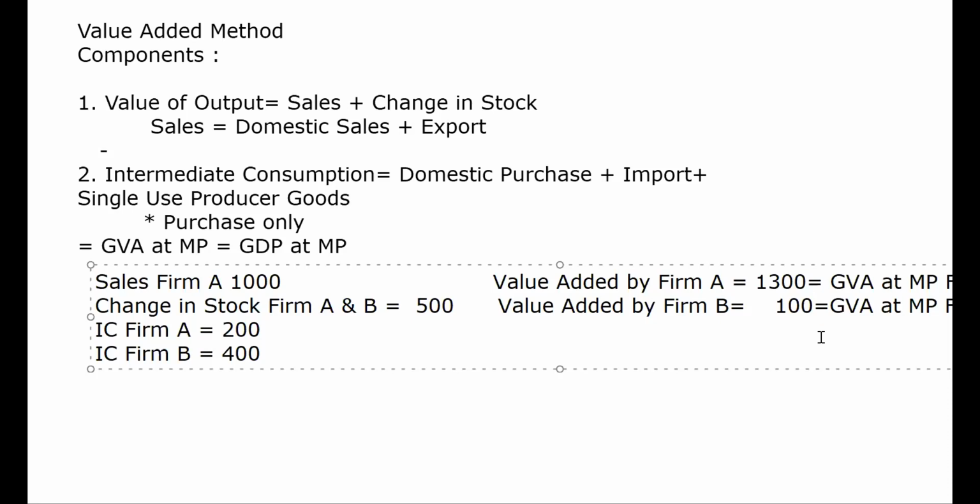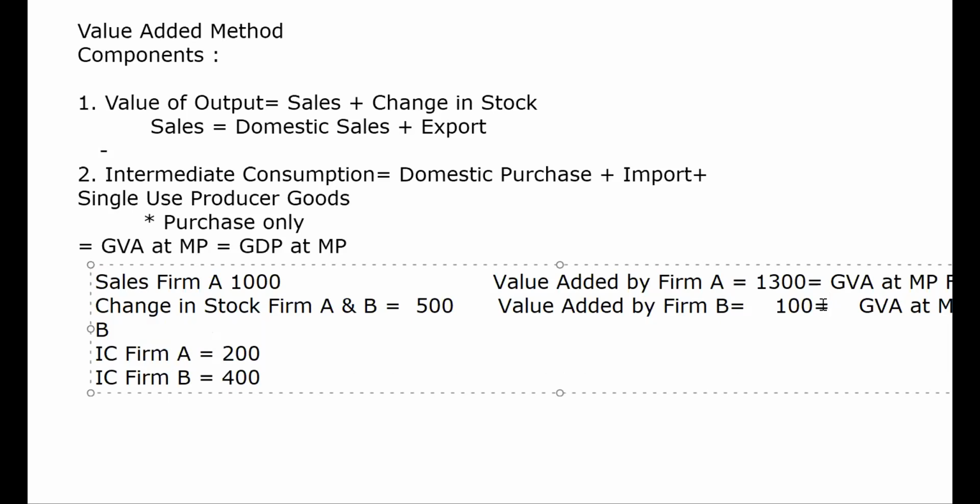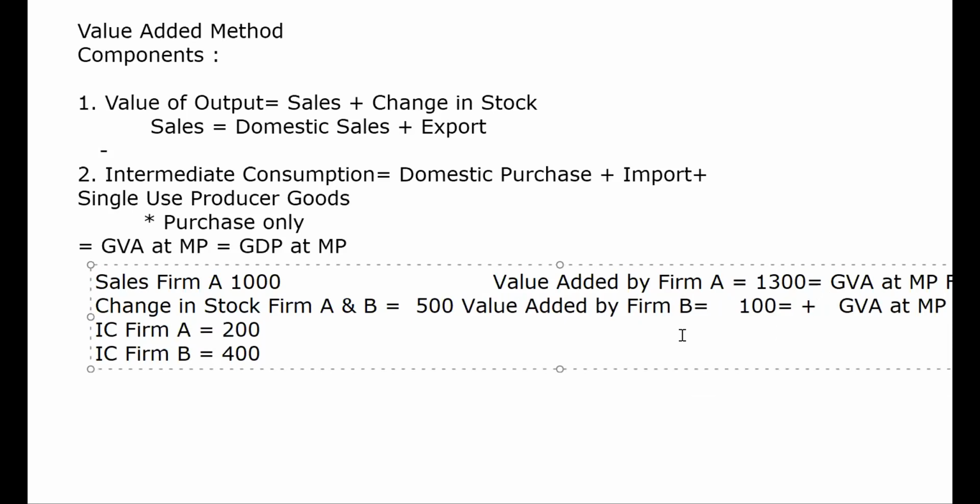Now what we'll do is, GVA at MP of firm A plus GVA at MP of firm B. When we add them, we'll get the value of GDP at MP.